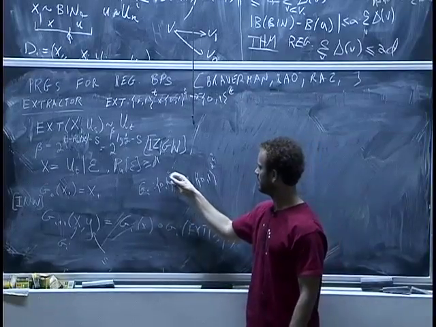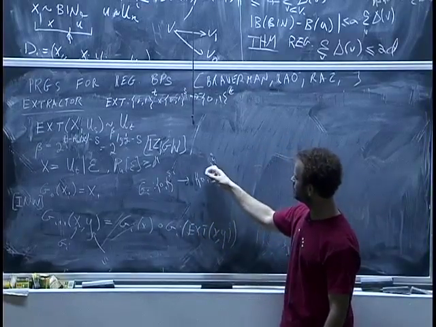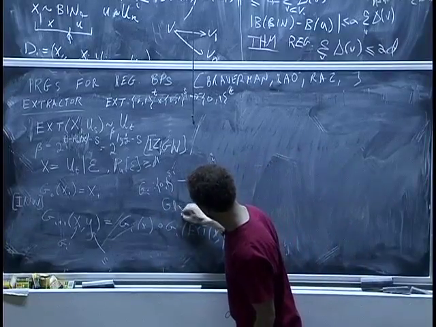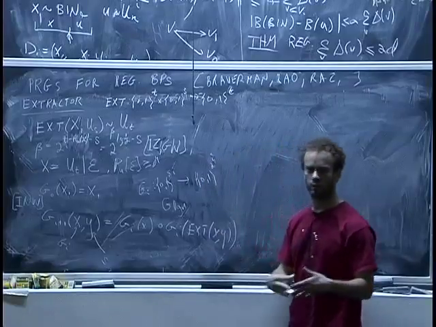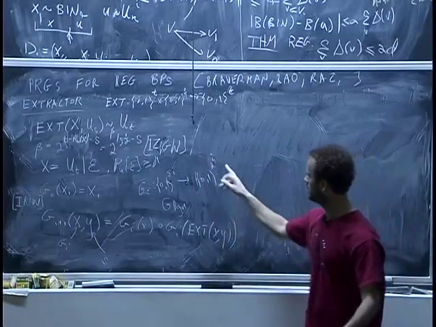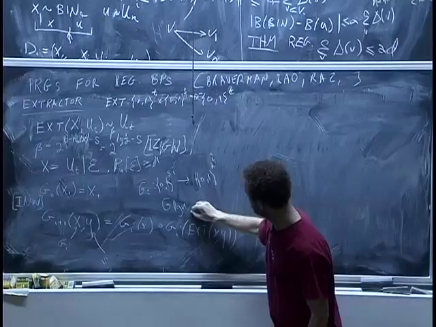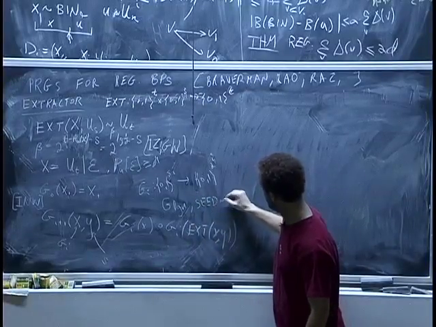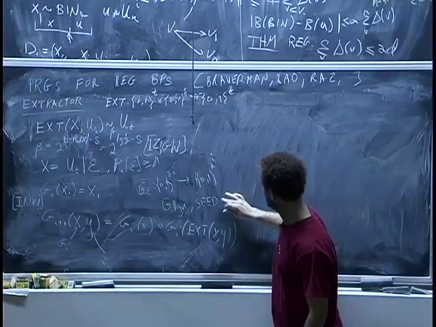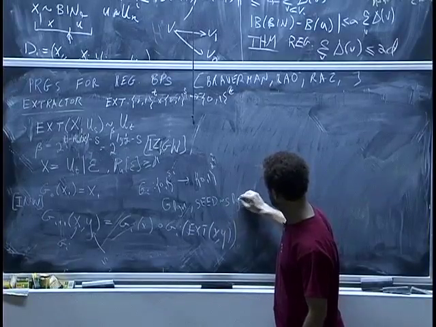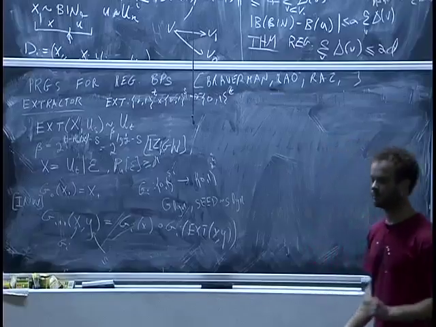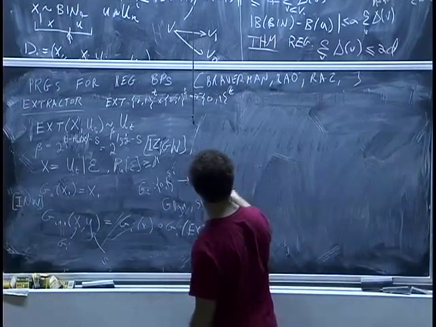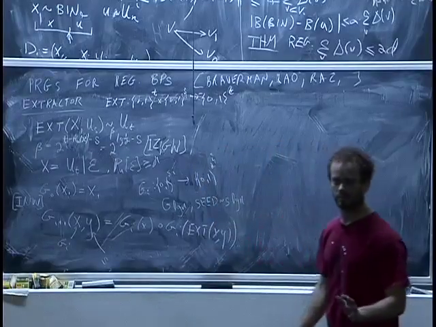We take s times i bits, and we output 2 to the i bits. So the construction we'll take is g log n. The output will be n, and then the seed, the log of the support, will be exactly s times log n. The statement is that this works.